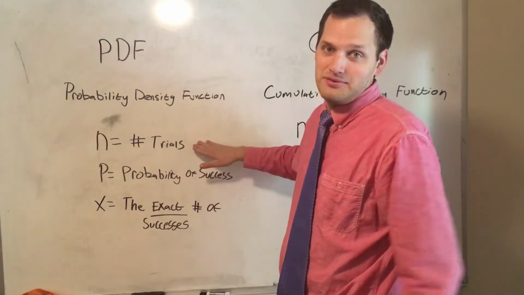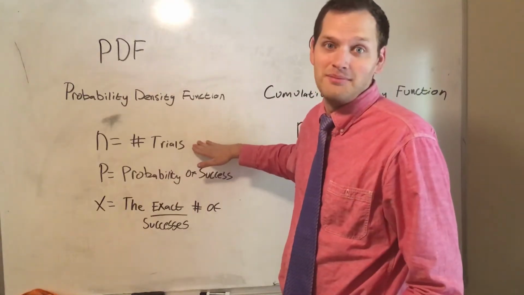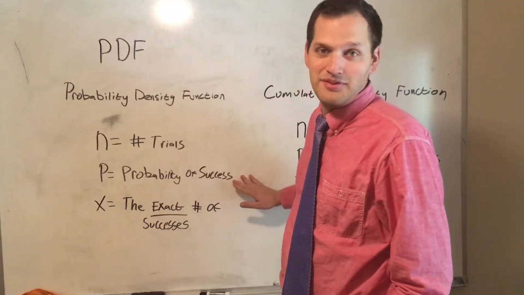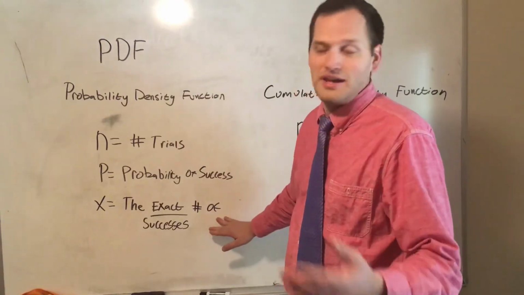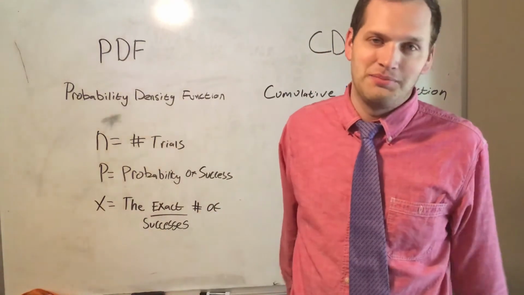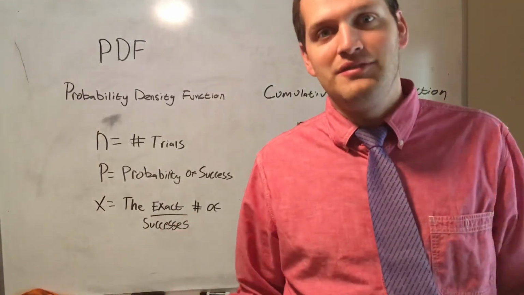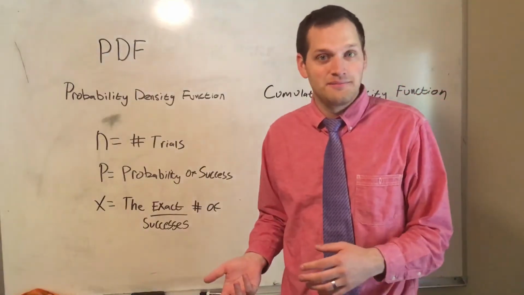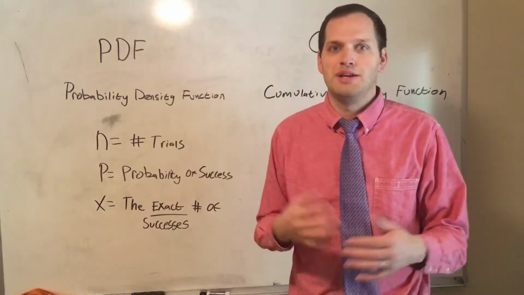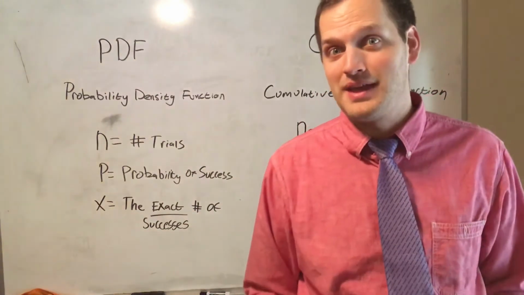The number of trials, we rolled 100 times. Each time there's the same probability, and we want to know an exact number. Let's say 17. What's the probability that exactly 17 of those dice will be a 6 if we roll it 100 times? Okay, we're going to get an outcome, the probability that happens.